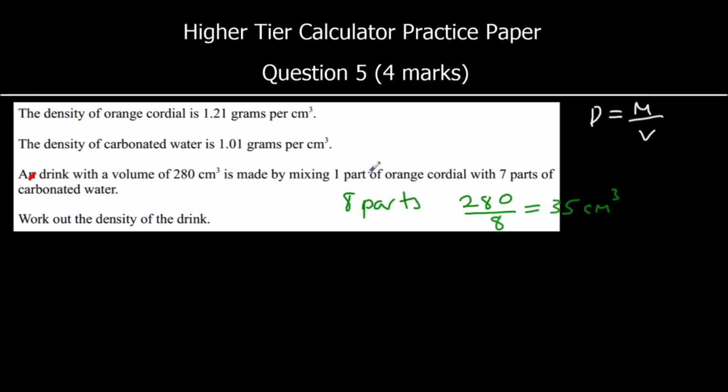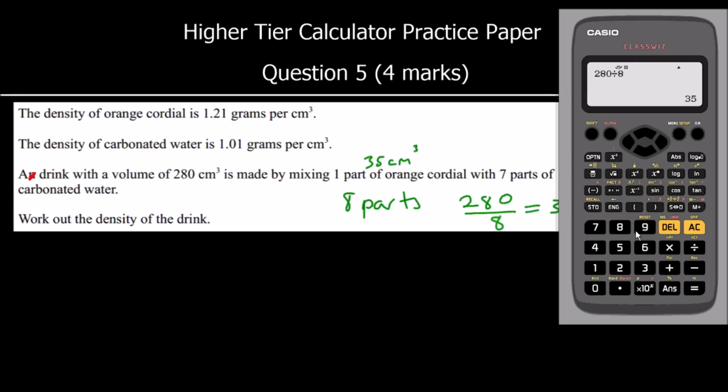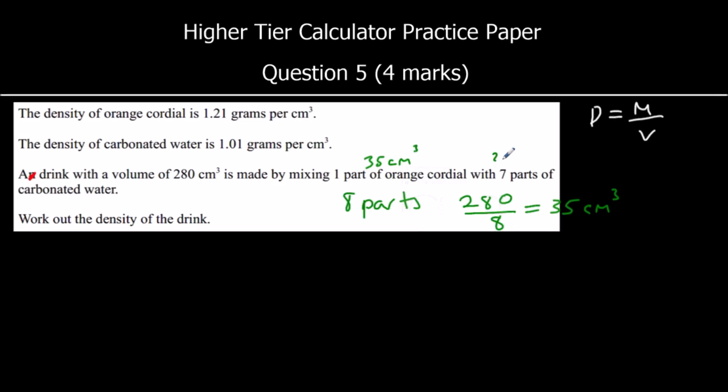So it's 35 centimeters cubed of orange, and 7 times that, 245 centimeters cubed of carbonated water.